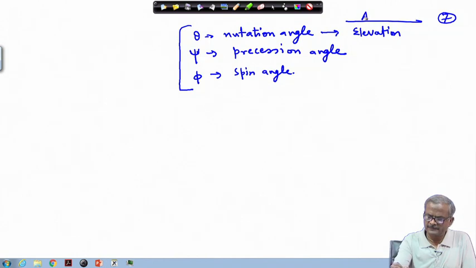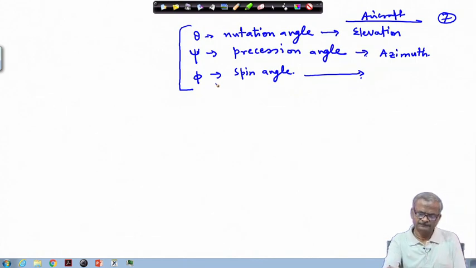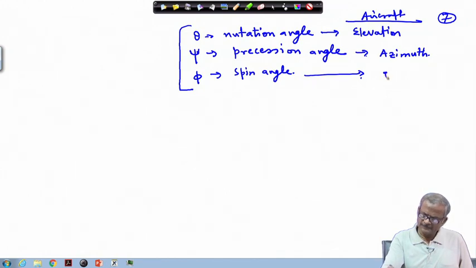This is for aircraft. Instead of this precession angle, we write the azimuth, and instead of this spin angle phi, we call it the bank angle.